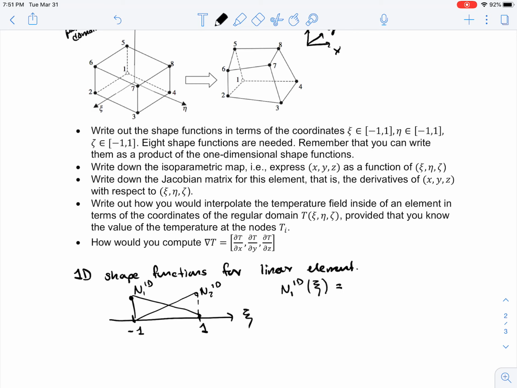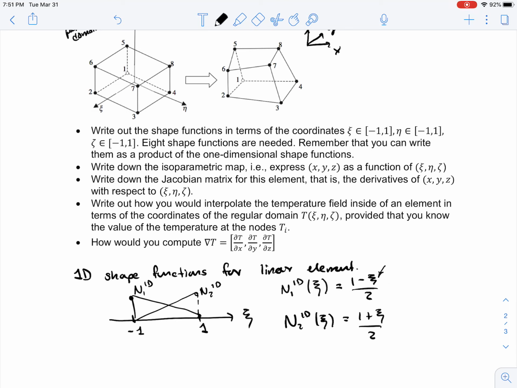So n1 of 1D of xi, if you remember how to write these down, is just 1 minus xi over 2, and the second shape function, as a function of xi, is 1 plus xi over 2.